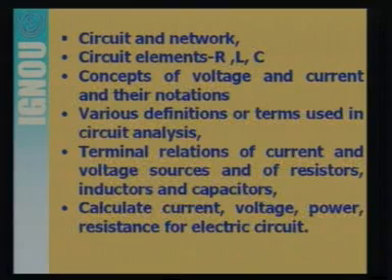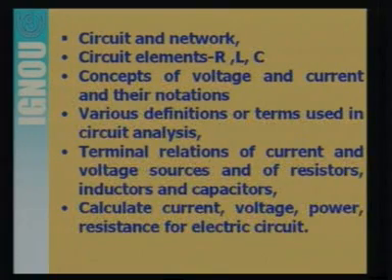The various circuit elements available in electrical circuit theory: resistance, inductance and capacitance, the concept of voltage and current and their notations, then various definitions or terms used in circuit analysis like the voltage source, current source and the dependent sources, independent sources, then terminal relation of the current and voltage sources and resistance, inductors and capacitors.